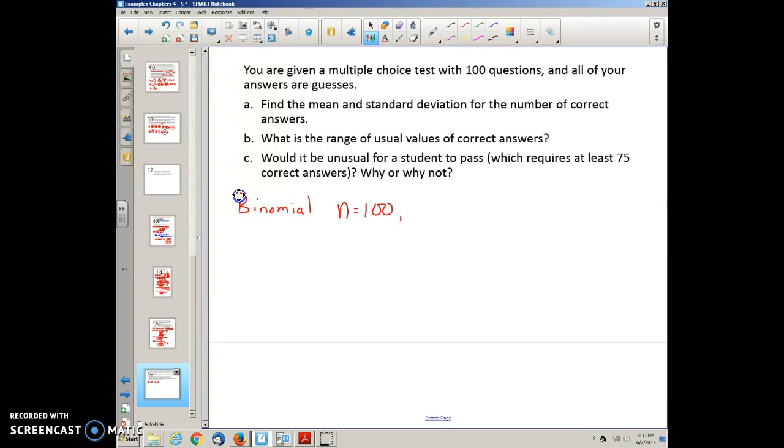We do have to specify how many choices there are. Multiple choice test, that was not included in the original problem. So there's 4 choices each. So that would have to be specified. So the probability of guessing the right answer is 1 out of 4. So 0.25, and the probability of failure, which is Q, would be 1 minus P, so it's 0.75.